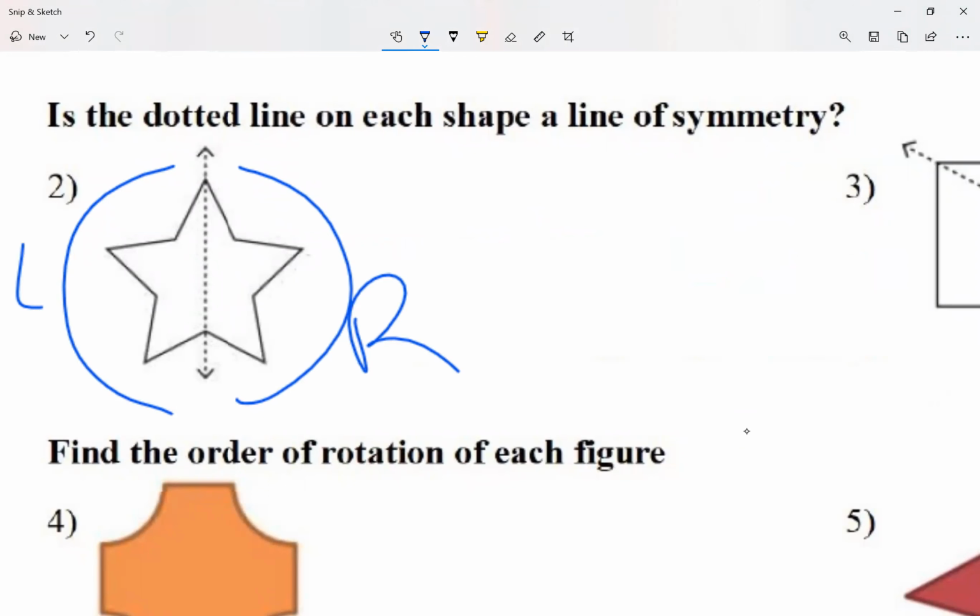If you flip it over, and the right side gives you the left side, then in this case, I will say yes. Yes, the dotted line is a line of symmetry. Now, if it didn't give me the left side when I flipped it over, then my answer will be no.